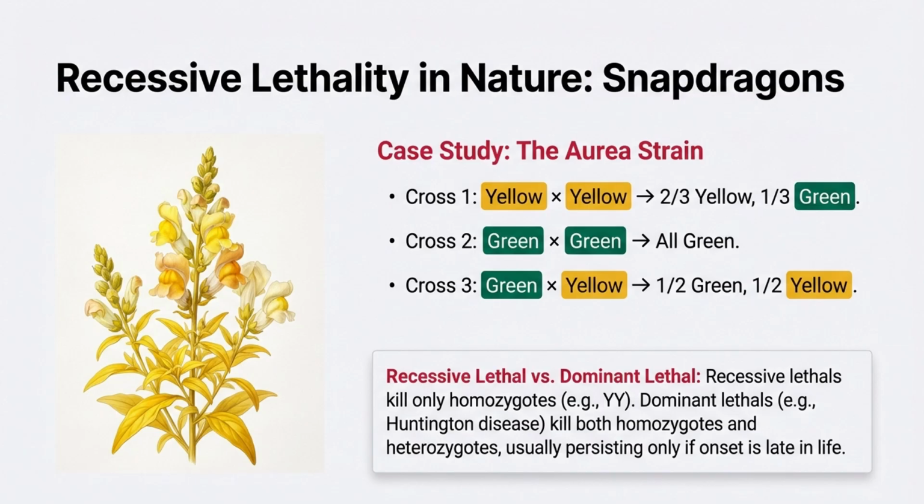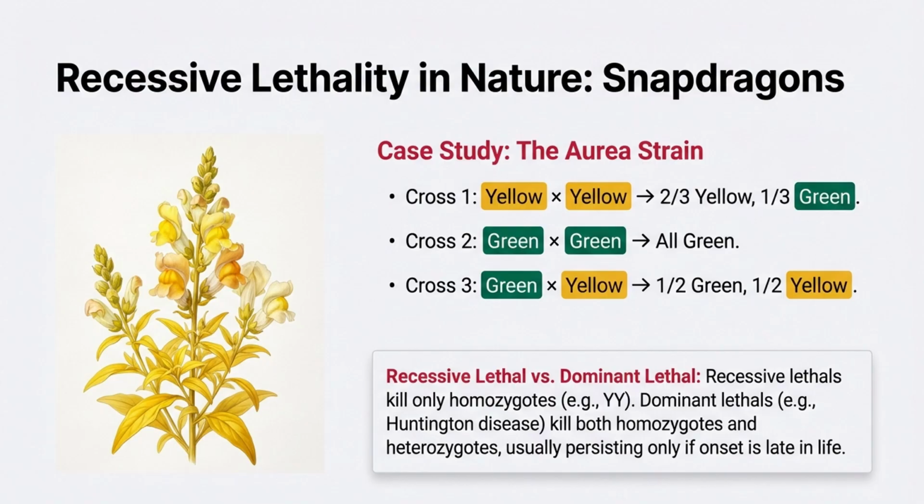Therefore, it is important to distinguish recessive lethals, which kill the homozygotes, from dominant lethals, such as the example of Huntington's disease, which kills both homozygotes and heterozygotes and usually persists only if disease onset is later in life.